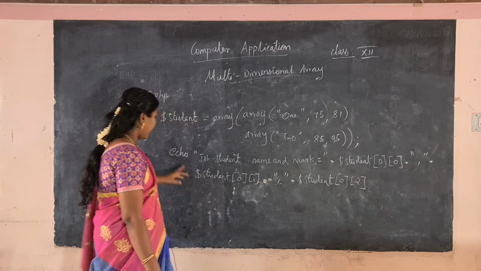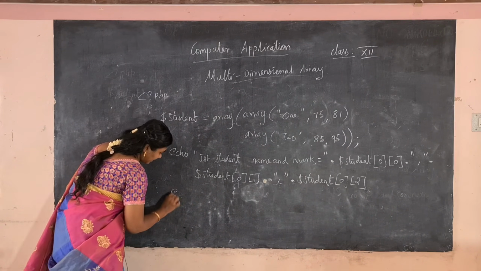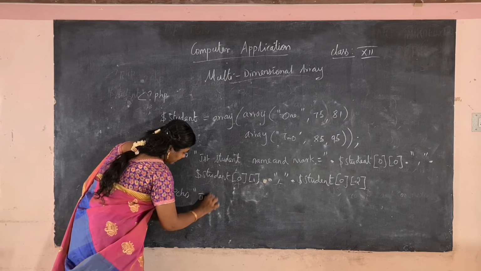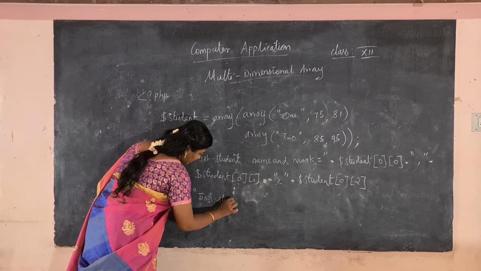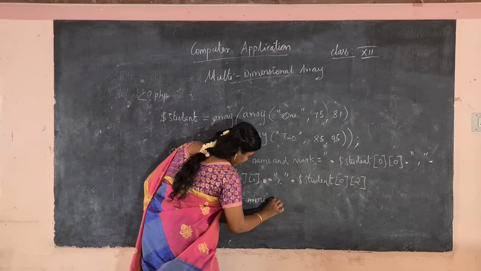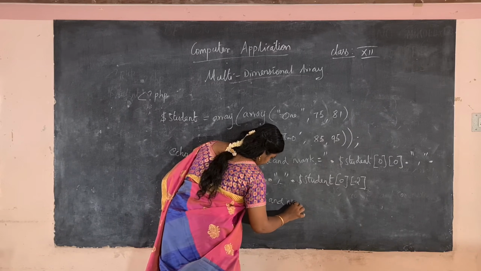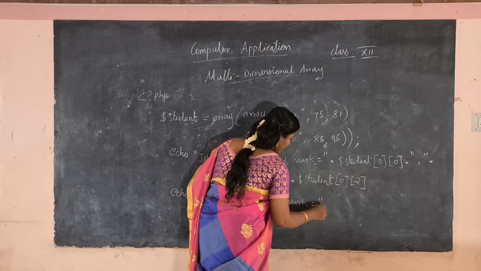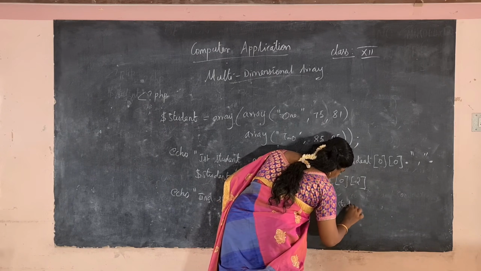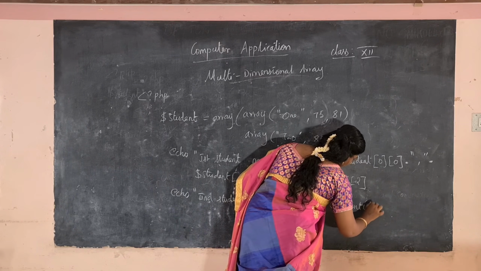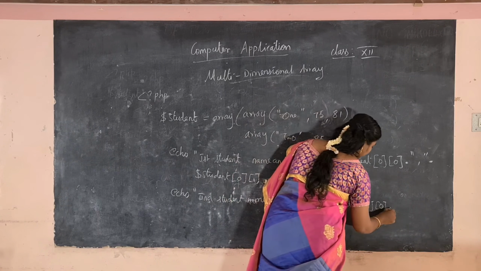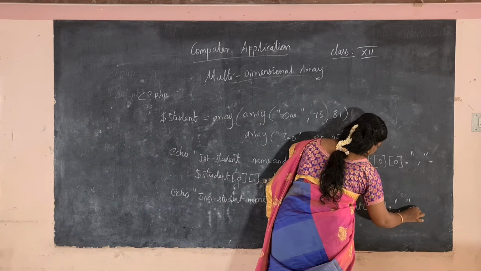Okay. Again I am going to print. I am printing in the second statement as second student name and mark is equal to, so dot $student 1 0 dot comma dot.